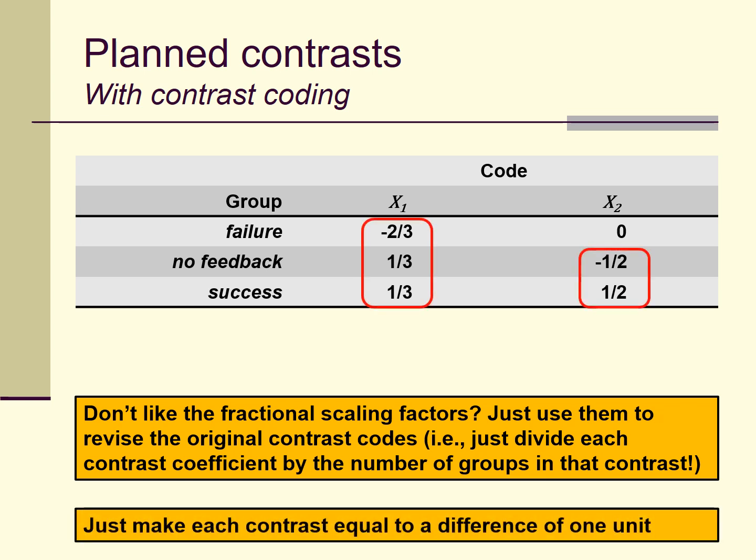If you are really thinking about the fractions here, what we're trying to do is make each contrast equal to a difference of 1 unit. So the difference between -2/3 and +1/3 is 1 unit, or 1 step. And equally, the difference between -1/2 and +1/2 is 1 step.